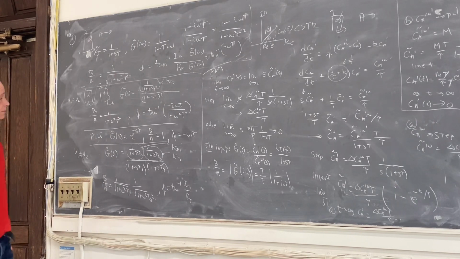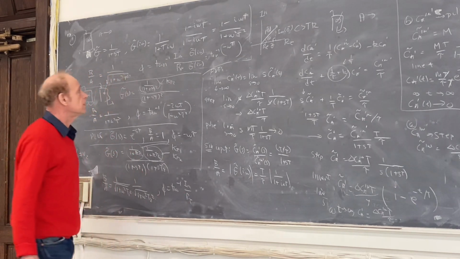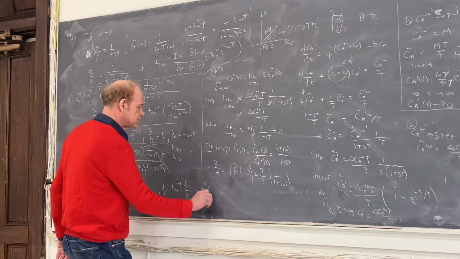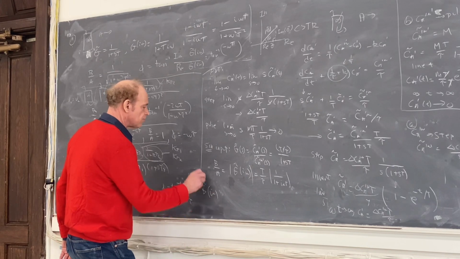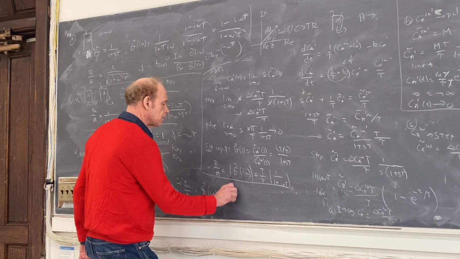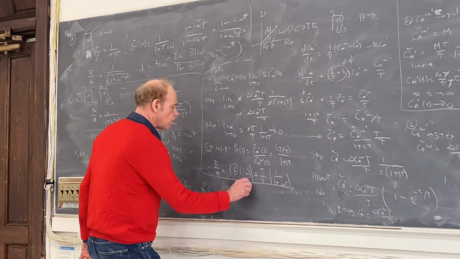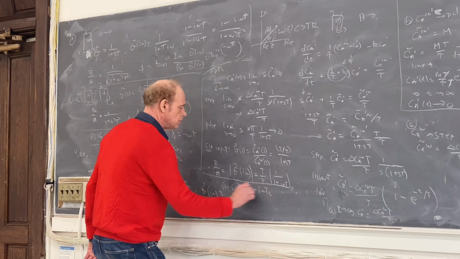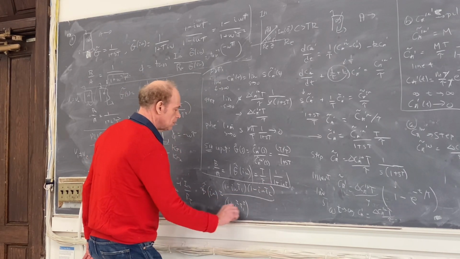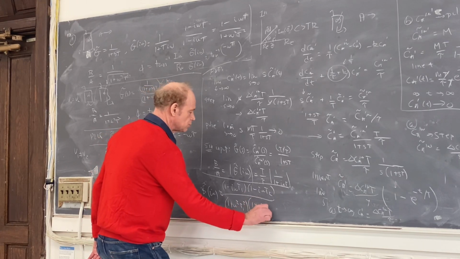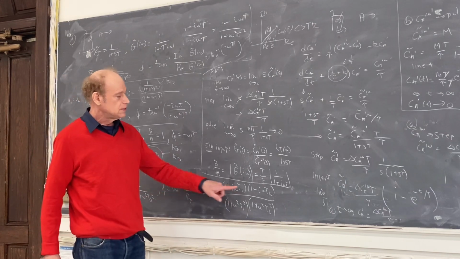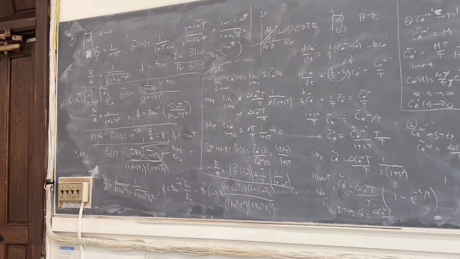And what you would find, if you go through that algebra, is G tilde of iω, for this case, would be equal to 1 minus iωτ1, 1 minus iωτ2, divided by 1 plus ω squared τ1 squared, 1 plus ω squared τ2 squared. And then, of course, you'd have to multiply this out to get the real and the imaginary part.